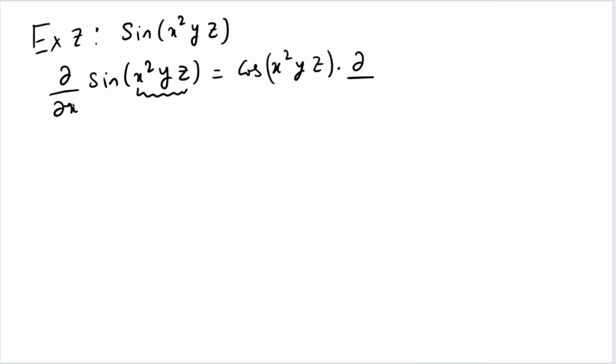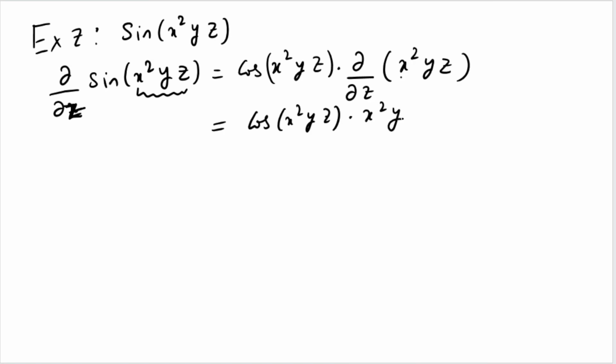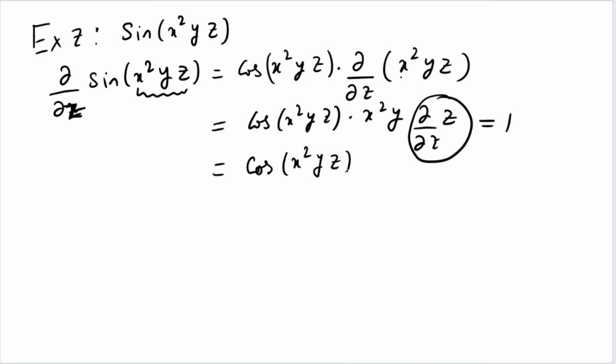Sorry, I want to take the derivative with respect to z. So ∂/∂z of x square yz. But x square and y are to be treated as constants. Therefore, we can write it as cos x square yz times x square y ∂/∂z of z. But this gives me 1. So therefore, the final answer is cos x square yz times x square y.